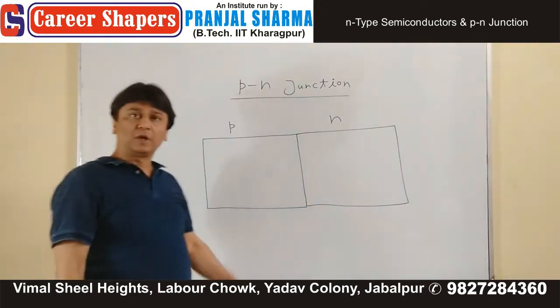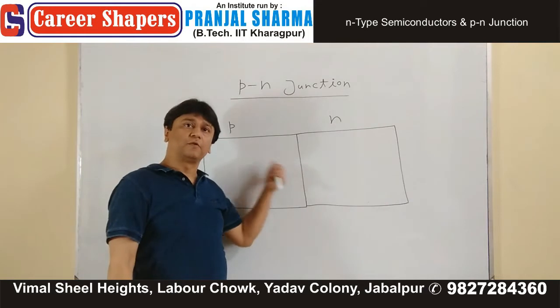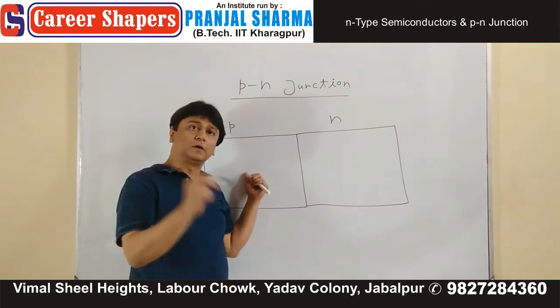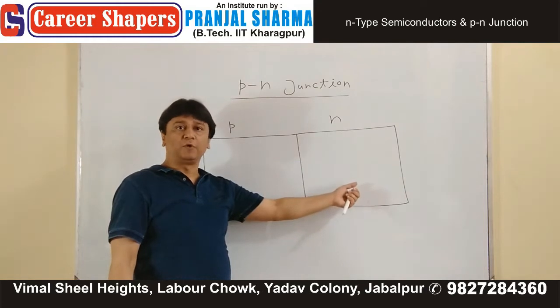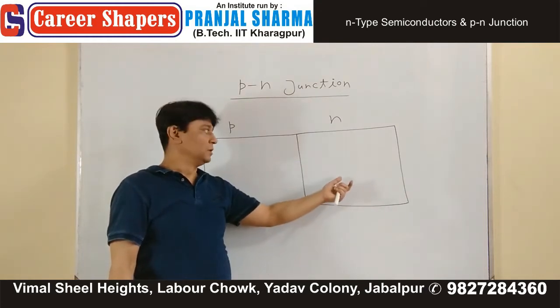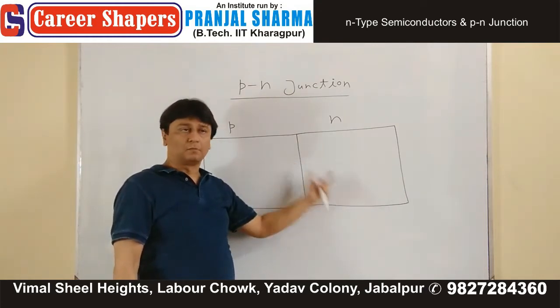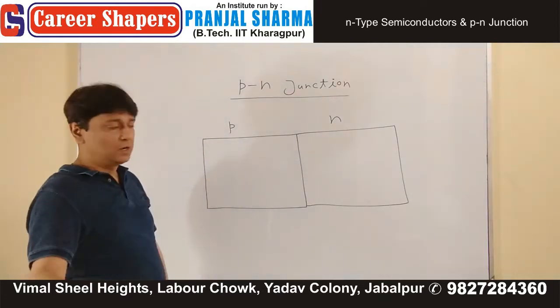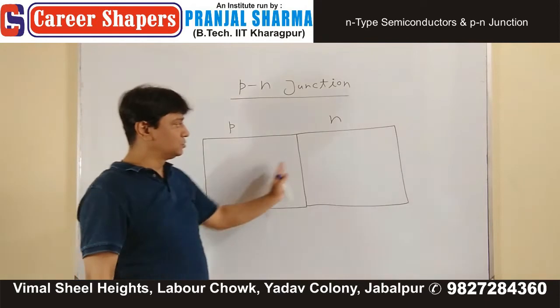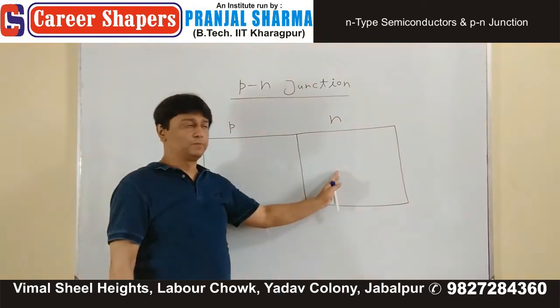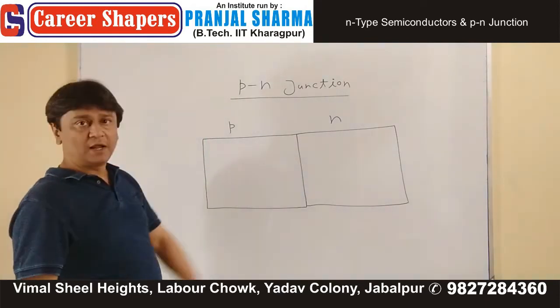In reality, we take a single crystal and from the left side we dope it with aluminum. From the right side we dope it with phosphorus and it becomes what? A p-n junction. But for the sake of argument, just say that you place two p and n-type semiconductors side by side.